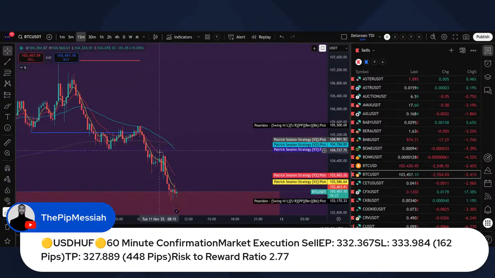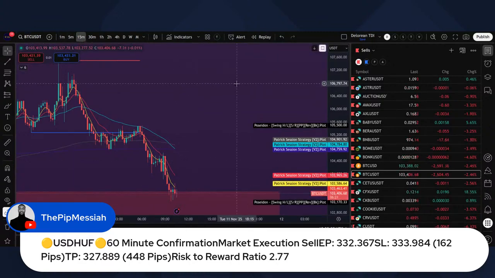Over time, these sellers are acquiring more power over Bitcoin, even on the 15-minute. We know it's that way in every higher time frame.